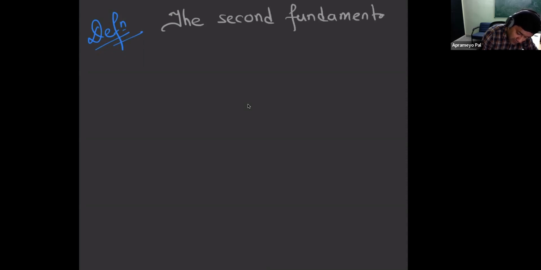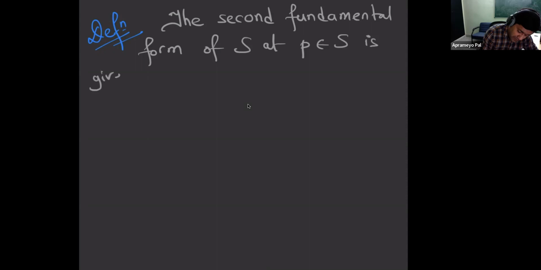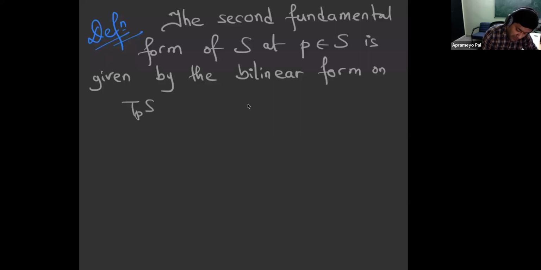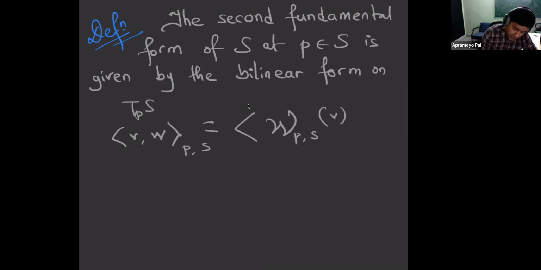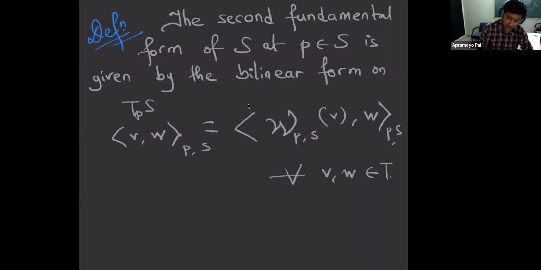So once we have the Weingarten map, the second fundamental form of S at the point P in S is given by the bilinear form on the tangent plane T_P S by (V, W) maps to the inner product of W_P S(V) with W, for all V, W in the tangent plane.